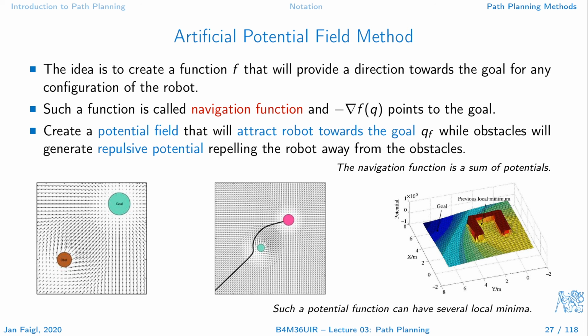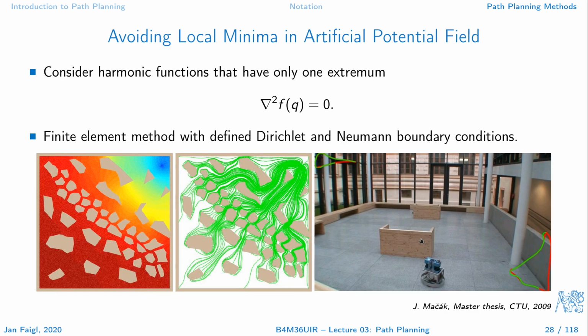Then the navigation or path planning is that if we have any point in the environment and we have this navigation function based on the potential field, we just follow the gradient, right? That's super convenient. However, depending on the potential function, there can be several local minima. In the literature there is this typical example where you are stuck here and will not reach the goal, because there are multiple local minima.